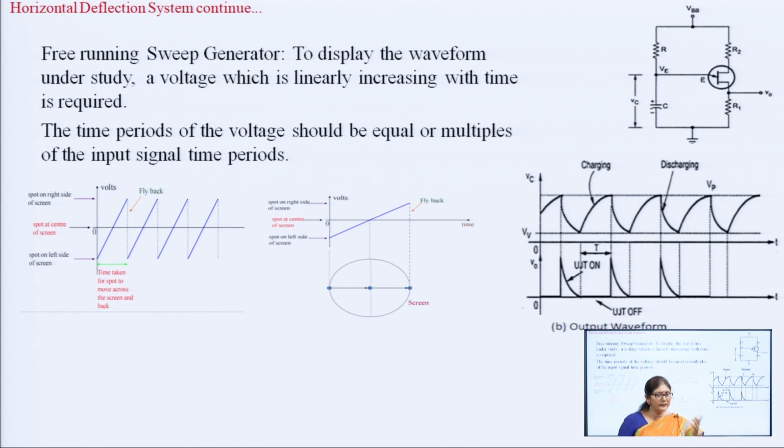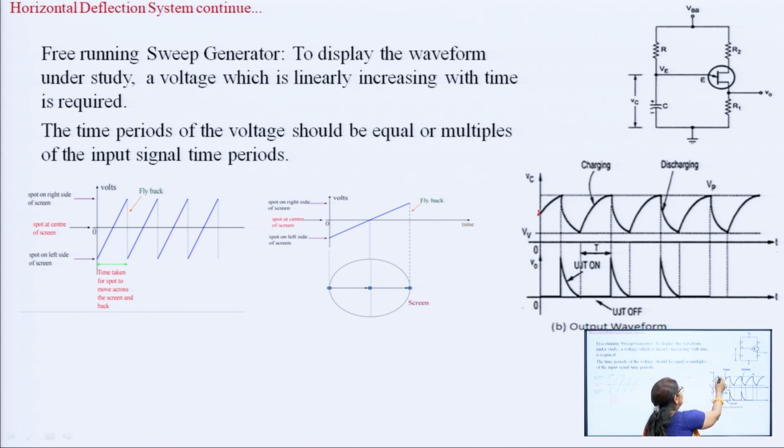Now, this is the horizontal free running sweep generator circuit. In the free running sweep generator circuit we are using a capacitor and JFET transistor. When the input supply VBB is applied here, then capacitor C will start charging.